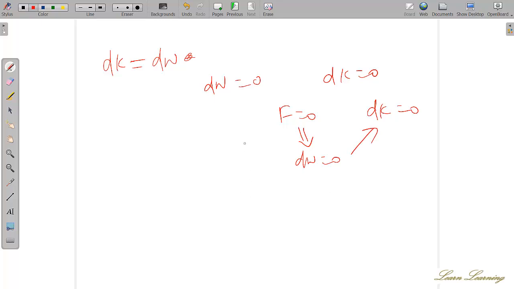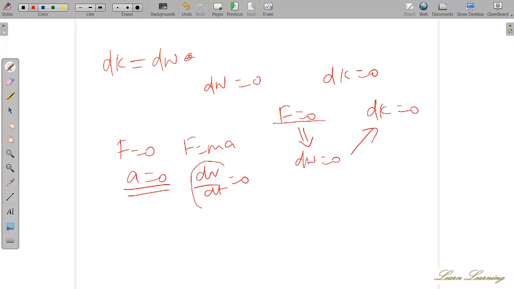You can understand this in a different way. If the force is zero, the acceleration is zero because force is equal to mass into acceleration. Acceleration equal to zero means dv by dt is zero. dv by dt is the rate of change of velocity, so there is no change in velocity.